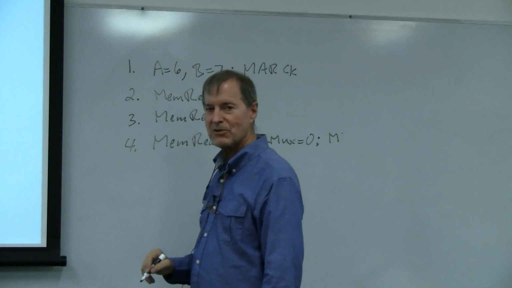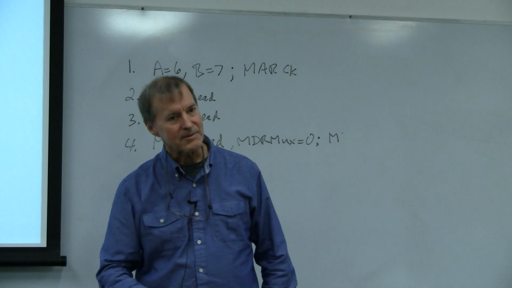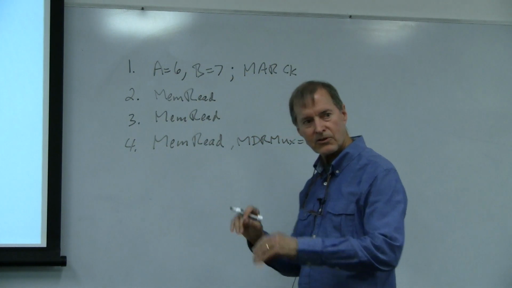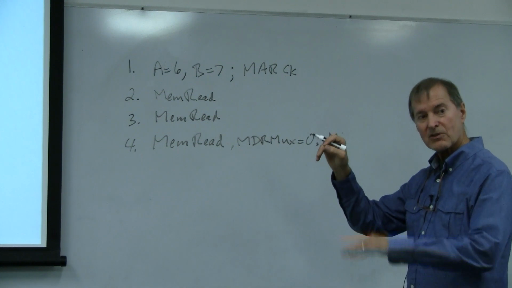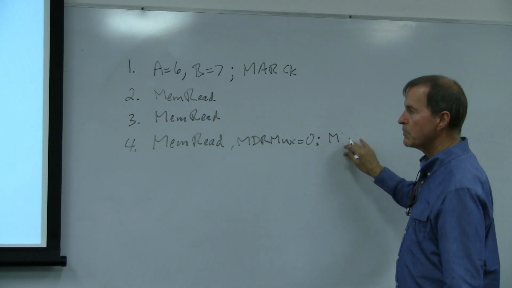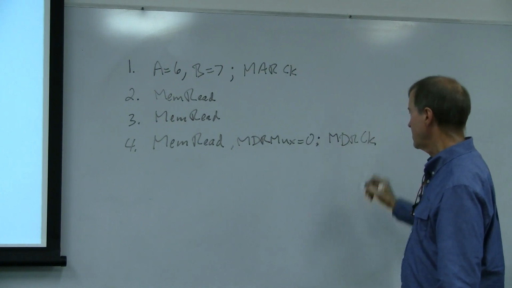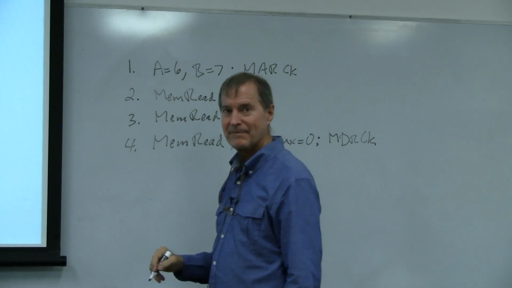MDR clock. Yes. So it's being presented, and then at the end of the cycle you're saying which one is going to be clocked in. So this would be MDR-CK, right? Is everybody clear? Now we have to get that to where?